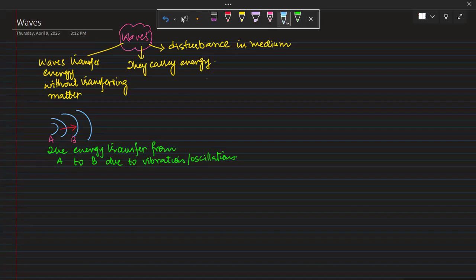Types of waves. The types of waves are transverse waves and longitudinal waves, right?